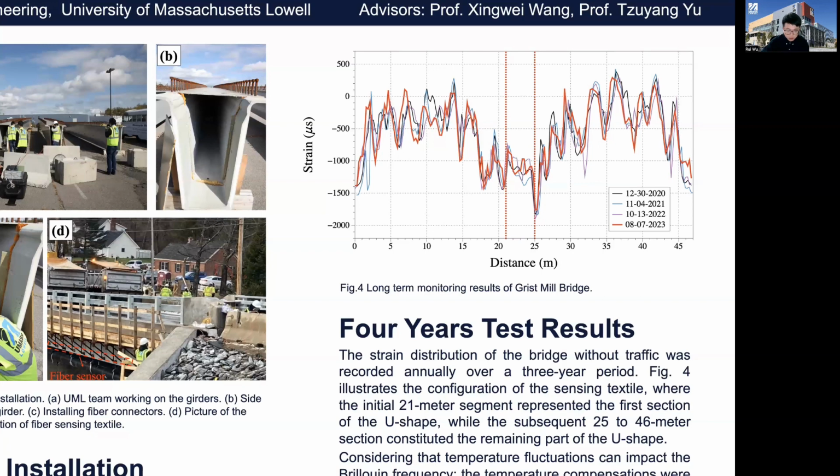The strain distribution profile was reconstructed from the Brillouin frequency response collected by BOTDA. To account for temperature fluctuations that can impact the Brillouin frequency, we have calibrated the temperature coefficient of the sensing textile in our lab. By introducing the temperature compensation, the crosstalk of the temperature can be addressed.